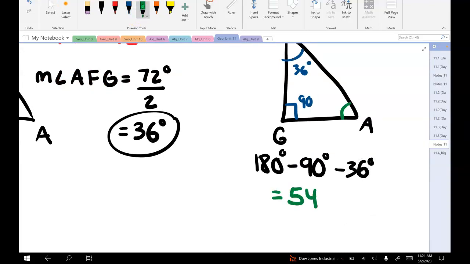So that's the measure of this angle here, 54 degrees. So we've gone through and solved for each. What we're going to go into later is using these angle measurements to get the side lengths of our triangle.